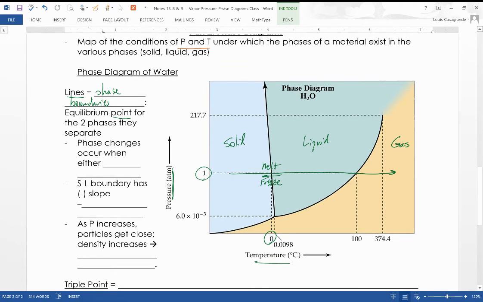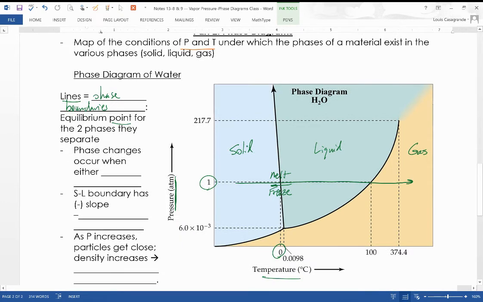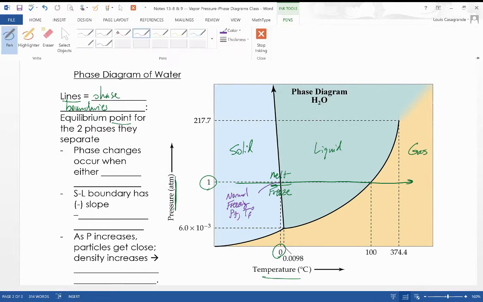So 0 degrees would be the normal freezing point, and we're going to call that T F naught, just like we called T B naught.